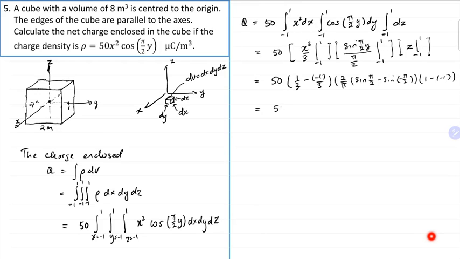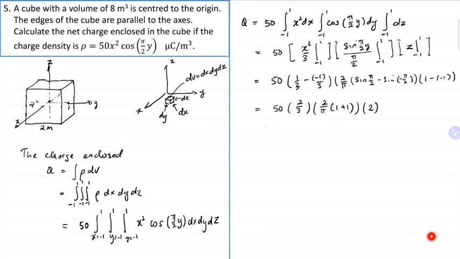So 50, times 2 over 3, times 2 over pi, times sine of pi over 2, which is sine 90, equal to 1. And then minus sine of minus 90, which is minus 1, so it will be plus 1.